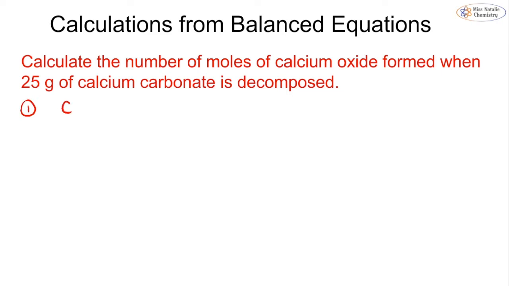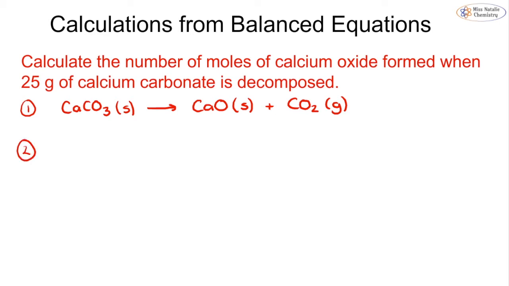Well, in this case, we start with calcium carbonate, which is CaCO3, and that's a solid, and it decomposes into calcium oxide, which is also a solid, plus carbon dioxide, which is CO2, and that's a gas. We can check our balancing on both the right and left. I have 1 calcium. I have 1 carbon on the left, 1 carbon on the right, 3 oxygens on the left and 3 oxygens on the right. So that is now balanced.